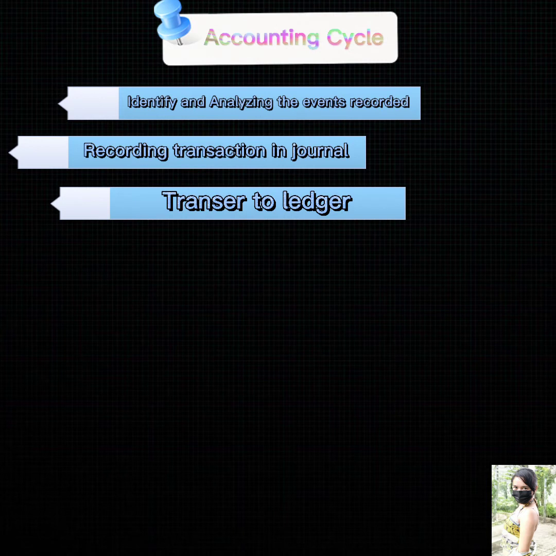The third step is the transfer to the ledger, recording journal entries into the ledger accounts. In this portion, accounting is basically a series of steps taken one by one. After journalizing all the transactions, it is time for the accountants to record entries into the secondary books of accounts.